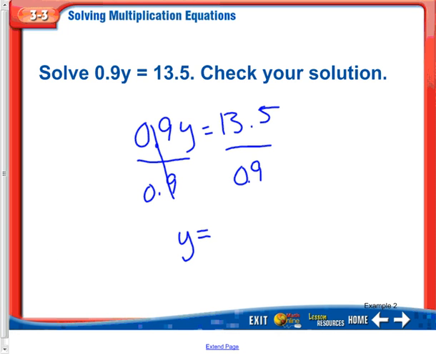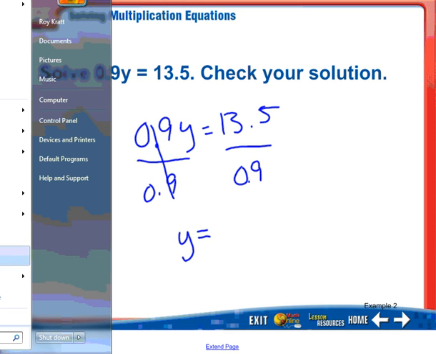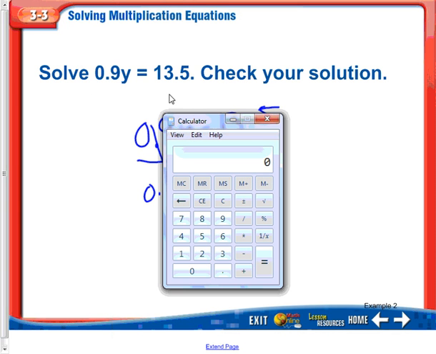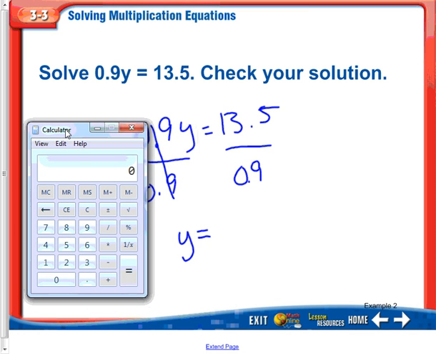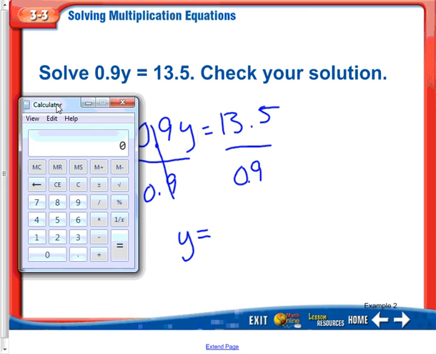And for this homework assignment, I'm not expecting you to be able to work out this problem with long division. So it is okay if you grab a calculator and do 13.5 divided by 0.9 to get your answer.